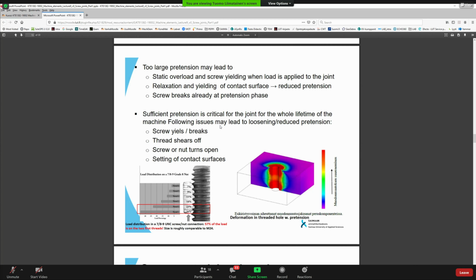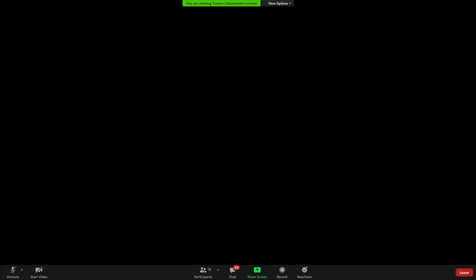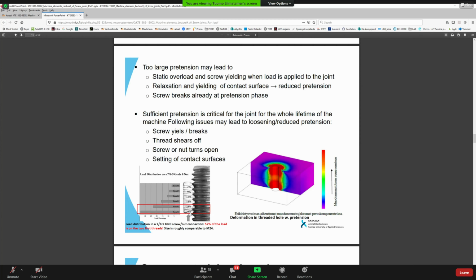And here in this lower picture, you can see an example of how the load distributes in a UNC 7/8 grade nut. This is roughly equivalent in size to M24. What you see here is that the first thread is the most loaded. More than one third of the total load is carried by the first thread.